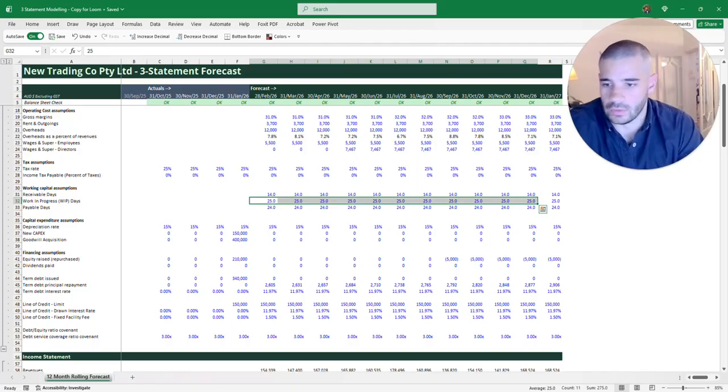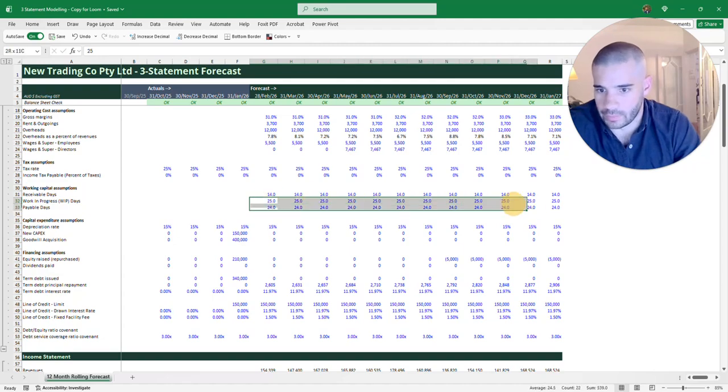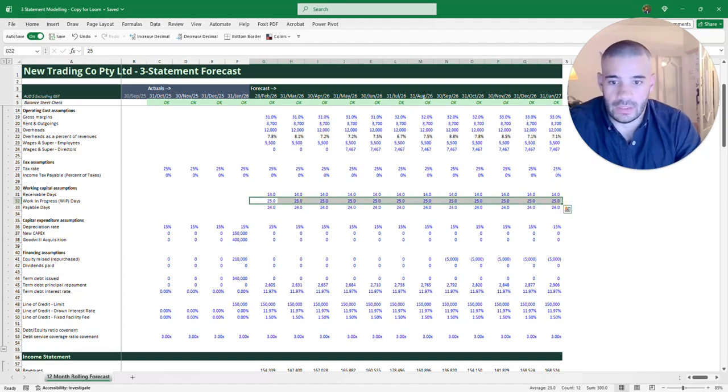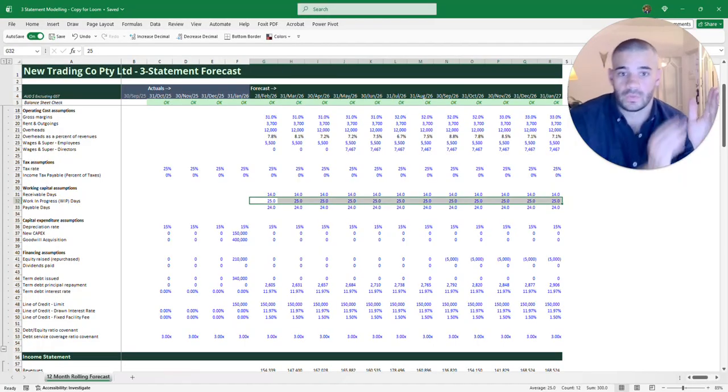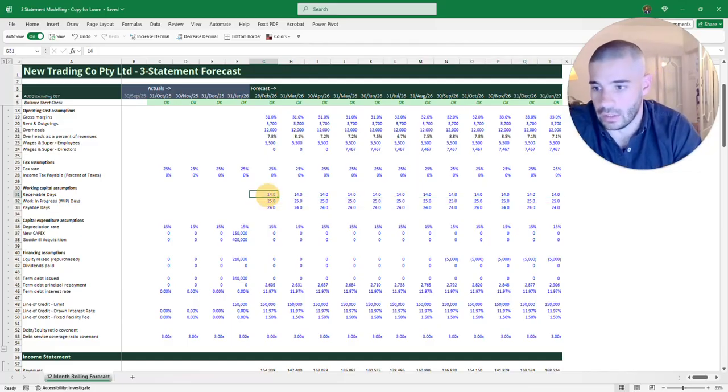There's all sorts of complexities with billing up front or billing partway through. But in this example, we're saying the WIP days is 25, which if you think about it, we start the job, 25 days of work, we finish, then we invoice, and then another 14 days until we actually get our money. So this is really delaying the time that we actually bank our cash.